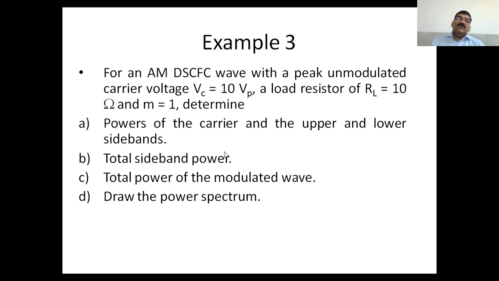Then the total sideband power: upper and lower you have calculated, you have to add, that's it. Total power in the modulated wave: you have to add these three, carrier, upper and lower. Draw the power spectrum. Just now we have shown it, only you have to put the appropriate values that we will calculate.